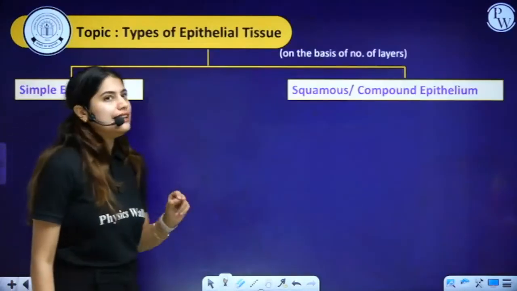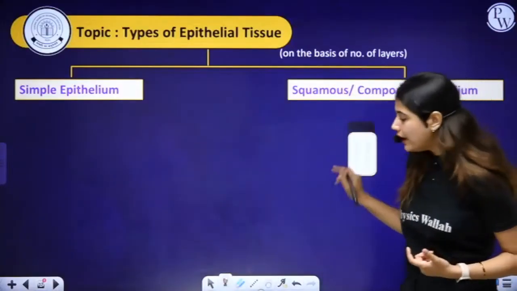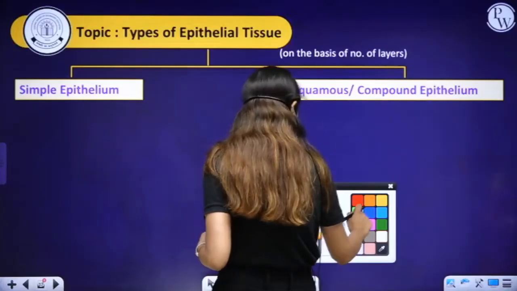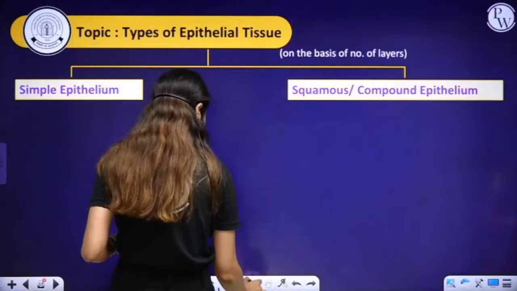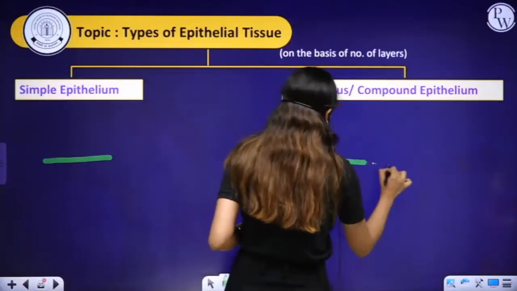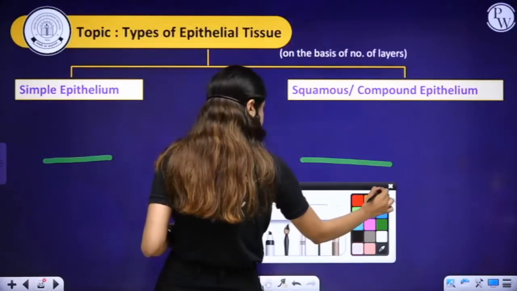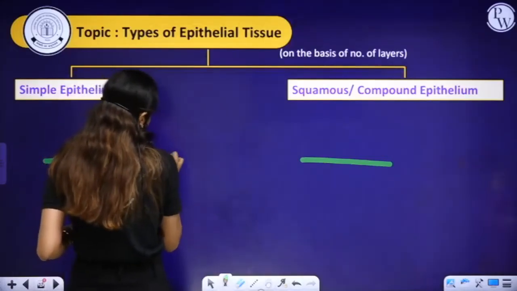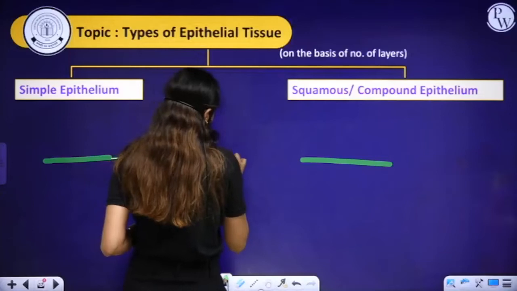Now epithelium is of two types on the basis of how many layers are there, right? Let's draw our basement membrane here. This is the basement membrane, and over that there will be epithelium, right?